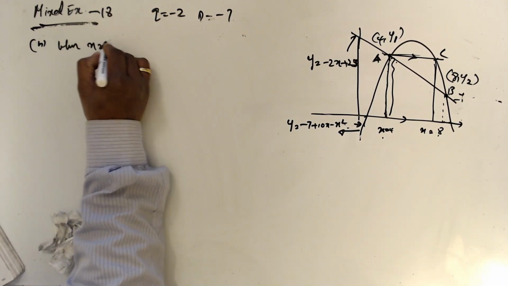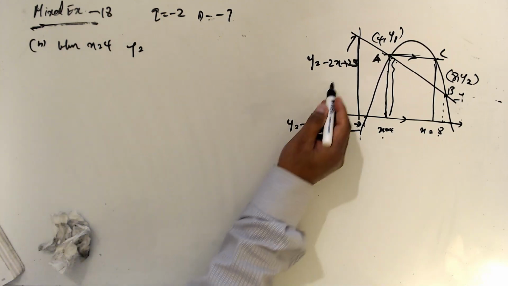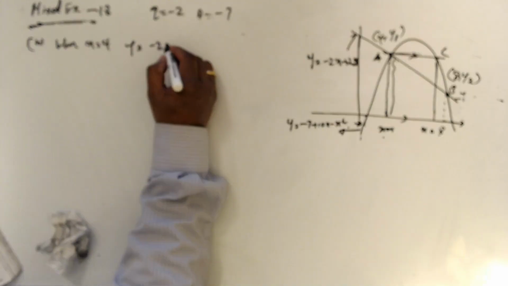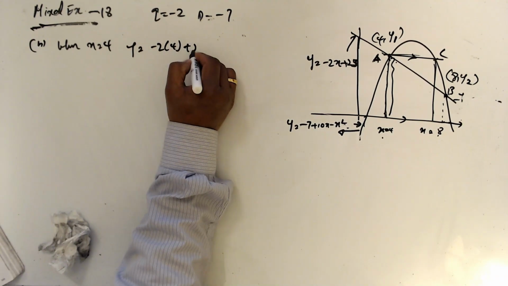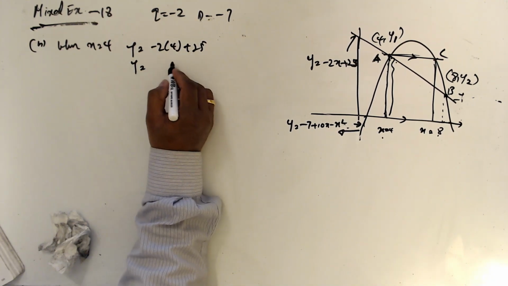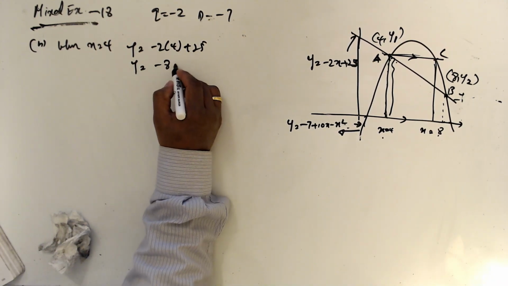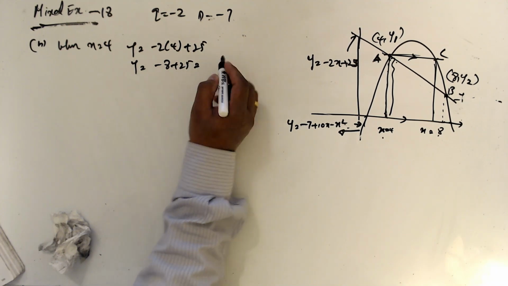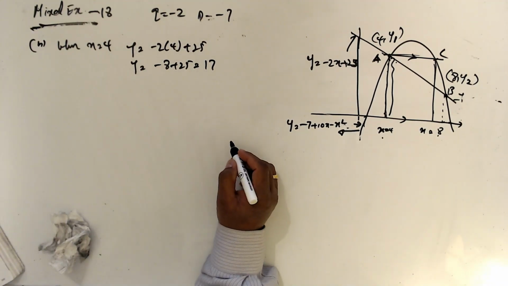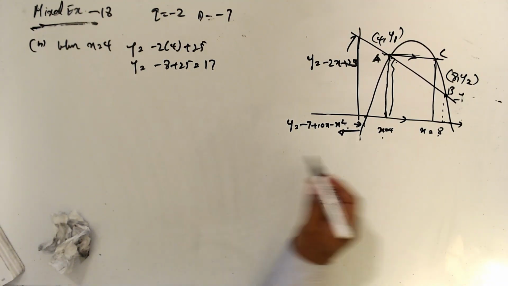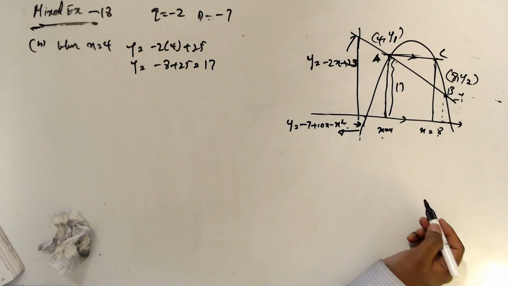When x equal 4, y equal, I use this one, minus 2 times 4 plus 25, y equal minus 8 plus 25, this is going to be 17. This height is 17.